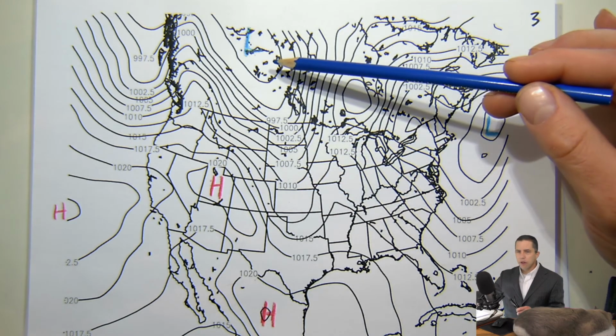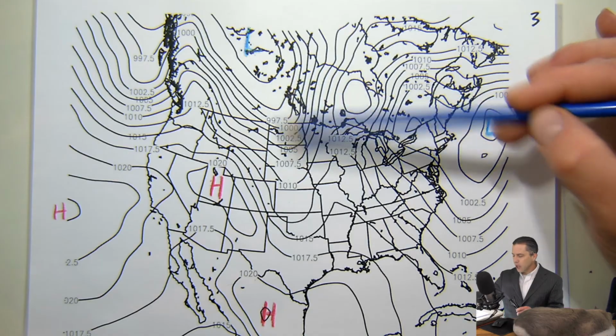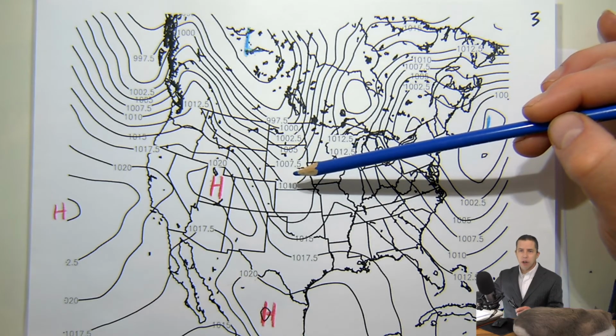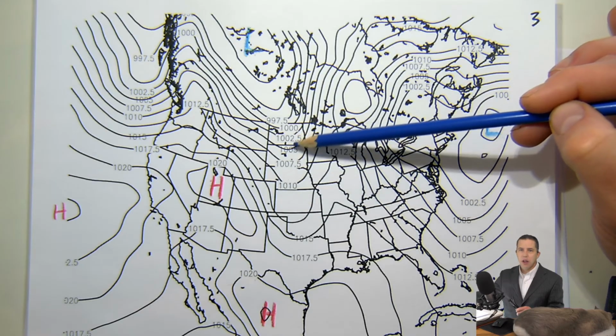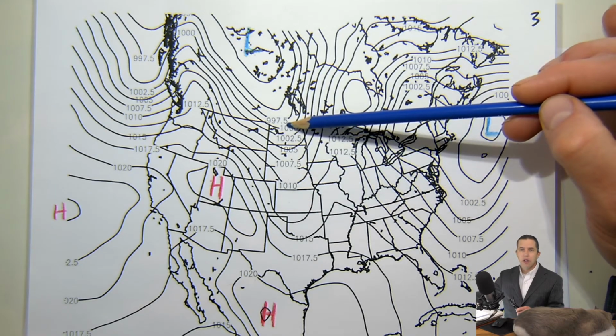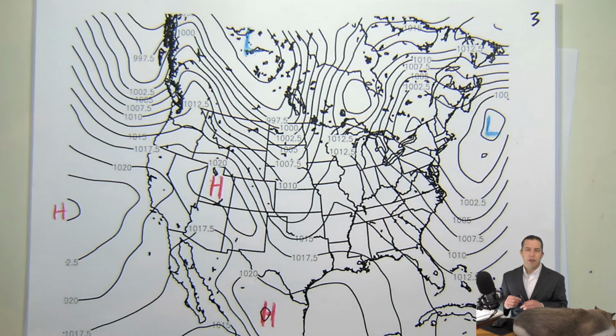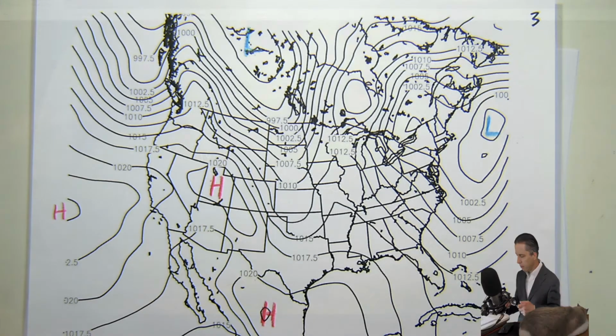It may be to the north, but it still has the same effect as the low. As this trough moves across the United States, air is rising in the trough, so you've got cloud formation in the trough. So in your mind, when you hear trough of low pressure, just think it's a low. It's a low pressure center moving across the country.